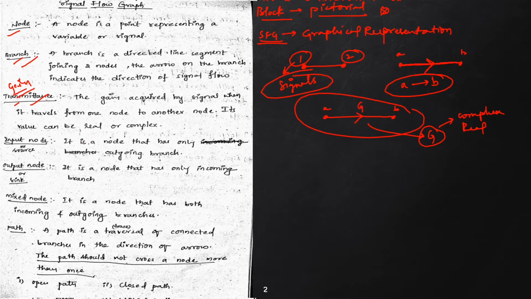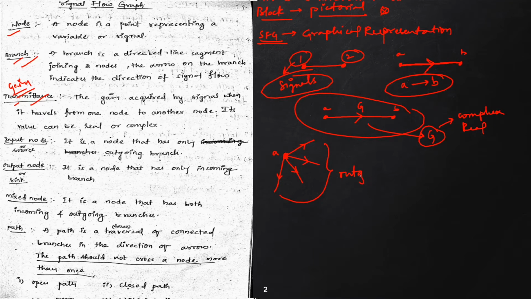Input node. By the name itself, it is very clear that it is a node that has only outgoing branches. Suppose this is a node A, and we have n number of branches connected to it as shown, and all the branches connected to this particular node A are outgoing branches.